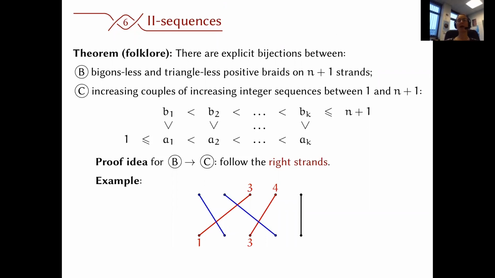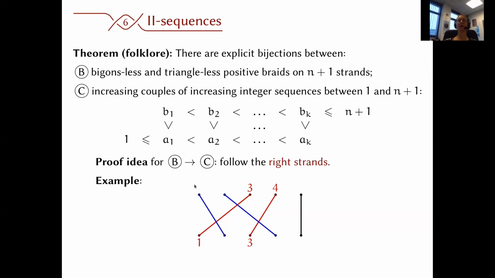Now, how can we go from a braid diagram to this sequence? I didn't mention it, but since I'm working only with positive crossings, I just forget the under-over information. I just draw the solid crossings for simplicity. To do it, you need to first show the following lemma.